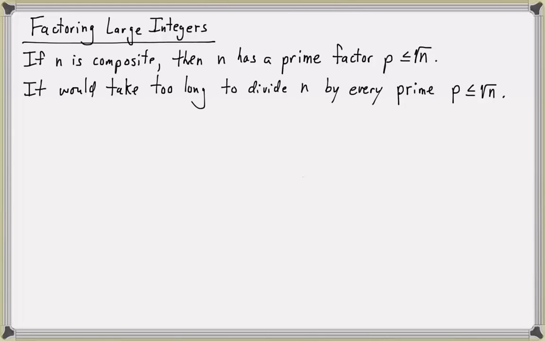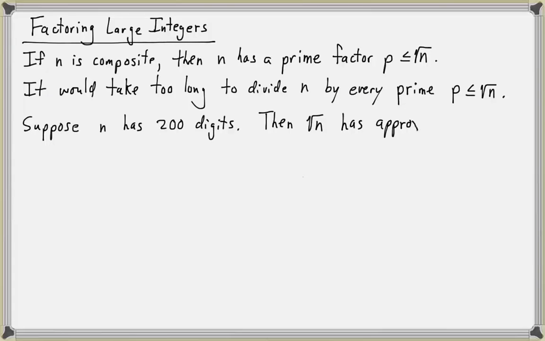So just to illustrate this, suppose that n is a number that has 200 digits. Then square root of n has approximately 100 digits. So how many primes are less than or equal to square root of n?